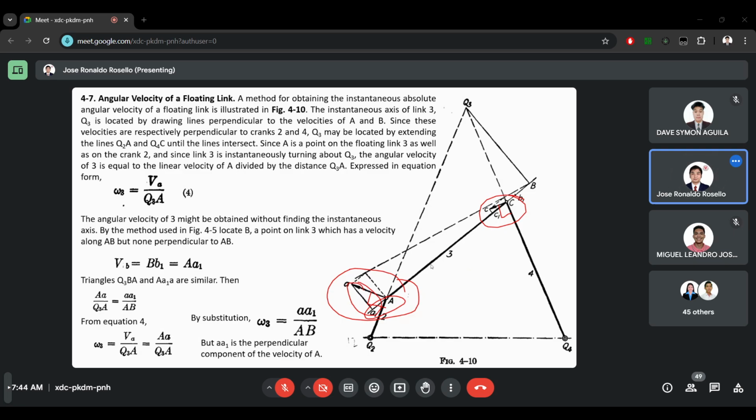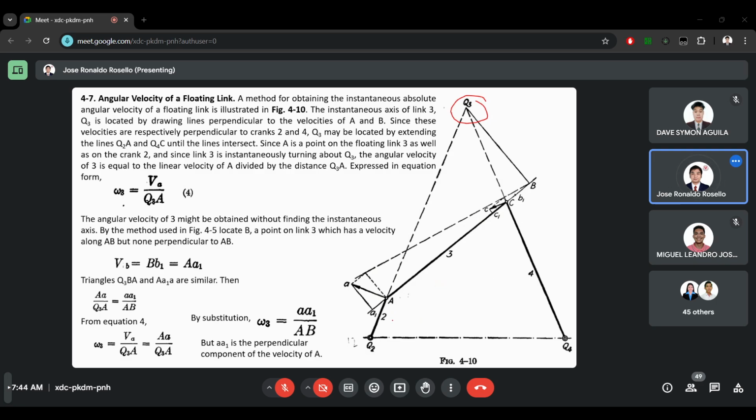But for the instantaneous axis of velocity method, we will make an instantaneous axis. In this case, this is Q3. And using this instantaneous axis, we can make similar triangles.